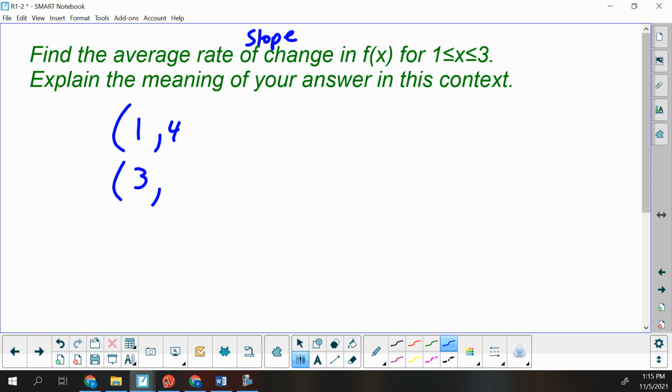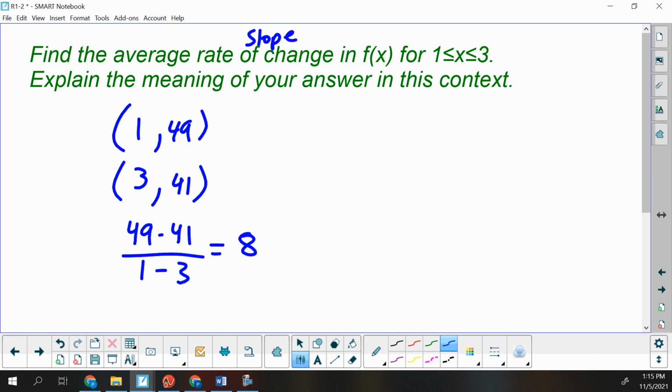So we'll have (1, 49) and (3, 41). And let's calculate our slope. We'll have y minus y over, if we started with the 49, we got to start with the 1, minus the other x. This will be 8 over negative 2, so in other words, negative 4.